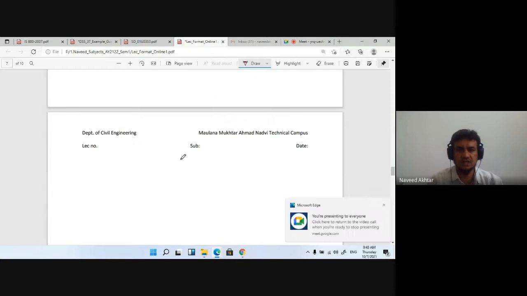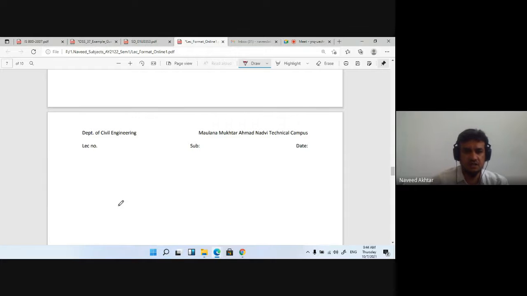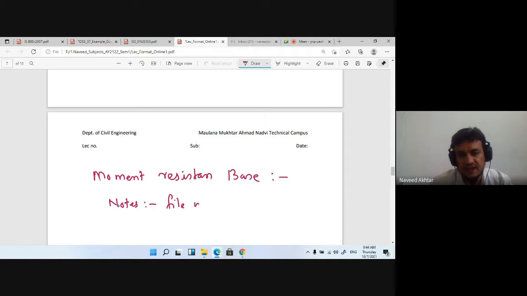The moment resistance base is already in the notes. The file name is SD_01_203_S3.